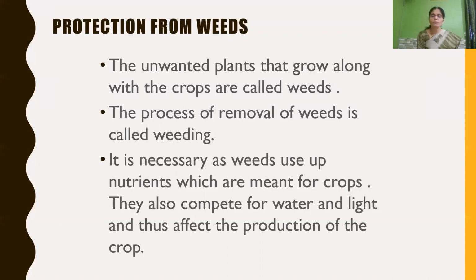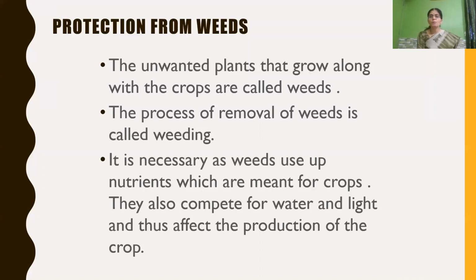If we allow the weeds to grow along with the crops, then weeds will compete with the crops and use all the nutrients which are meant for the crops, as well as space, light, water, etc., so that the growth of crops will be affected. Farmers cannot get enough produce. So weeding is very, very essential.